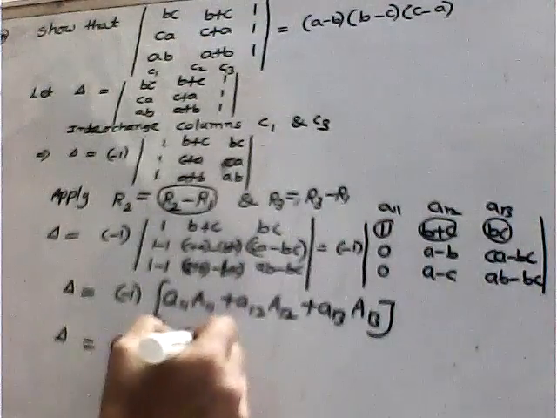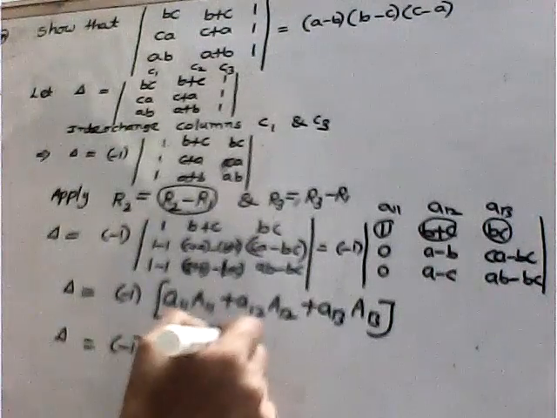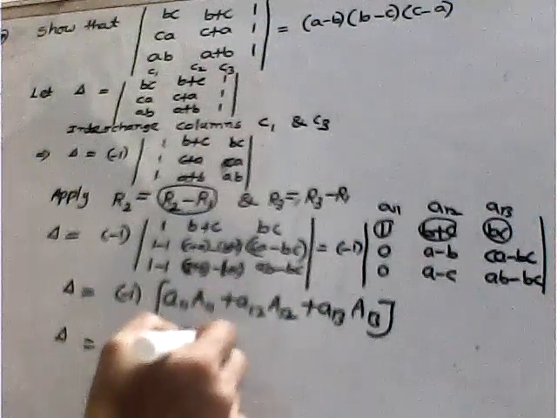Now this is minus 1 to the power of 1 plus 1. Capital A11 is the cofactor element.